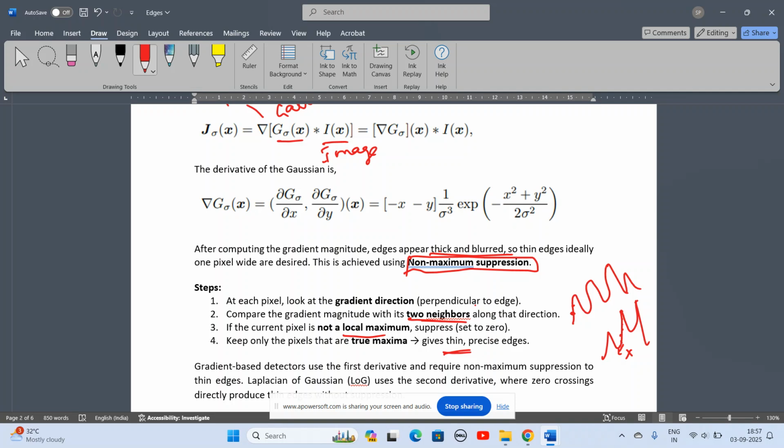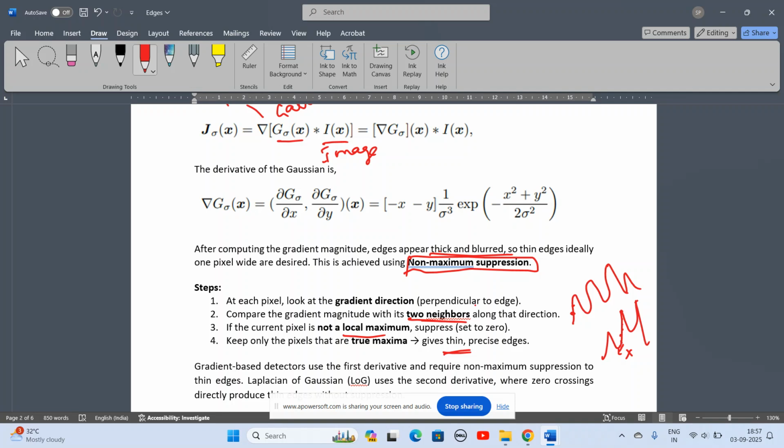We can apply a gradient directly to determine the edge, but that would result in very blurred or fragmented edges. So we perform smoothing first and then find the gradient. In smoothing, we consider a Gaussian kernel. After applying the Gaussian kernel, we apply the derivative, but that results in very thick edges.